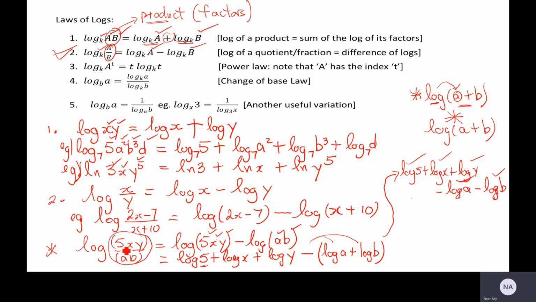The positive signs came from the numerator, the negative signs from the denominator.